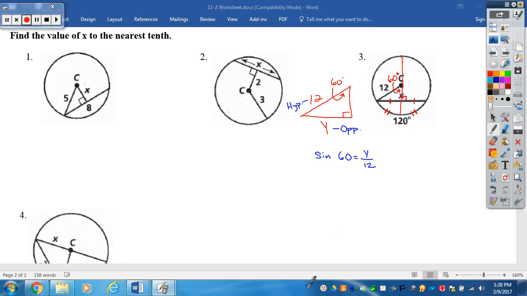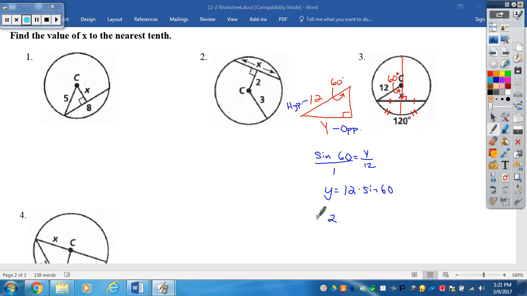Okay? Now, if I go ahead and cross multiply to solve for y, you get that right there, okay? And you can plug that in if you want, you don't have to. We just know that x is going to be twice that much.